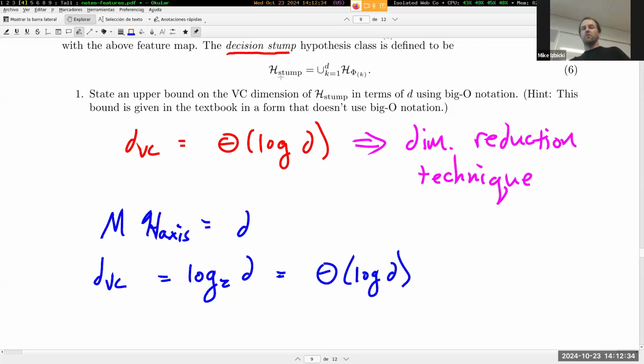Same VC dimension for our continuous version of the decision stump here. Going from the h-axis to the decision stump gives us more power in terms of what we can fit in our E_in, but it does not give us downsides on the generalization here.